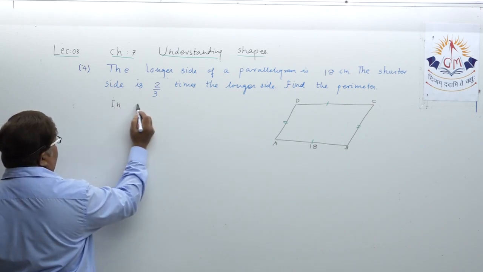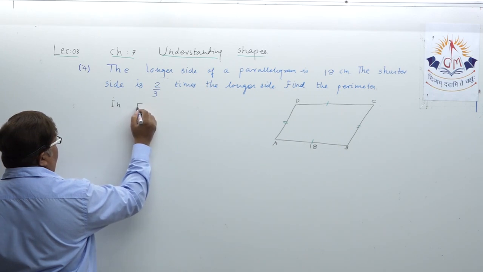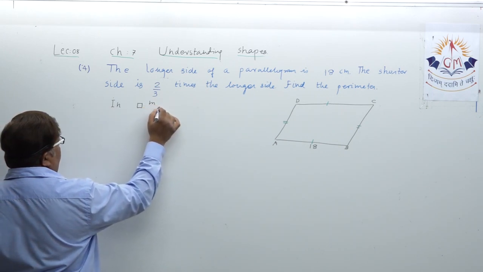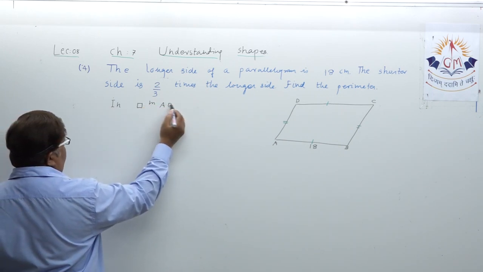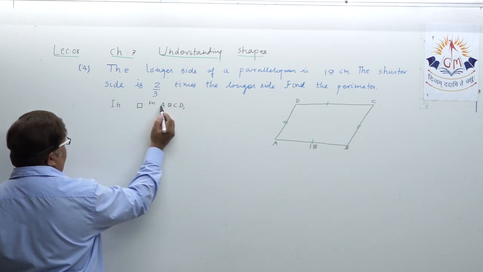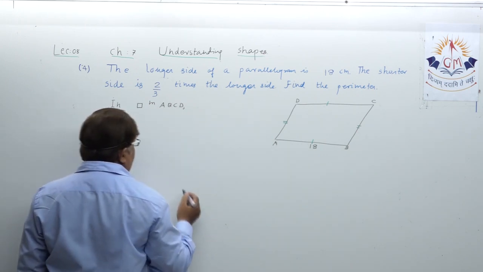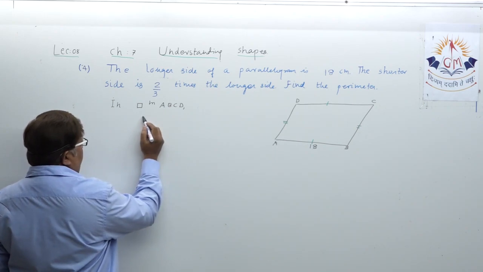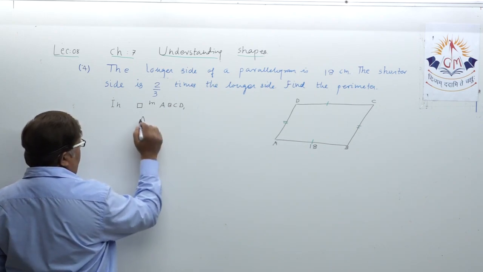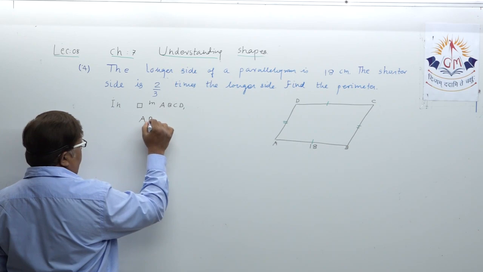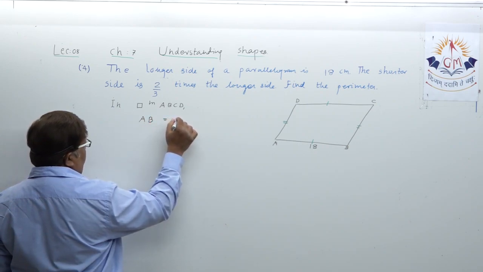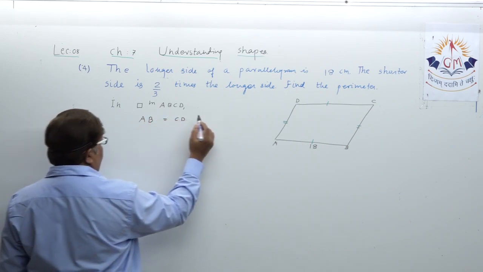In parallelogram ABCD, first you will write about this AB equal to CD.